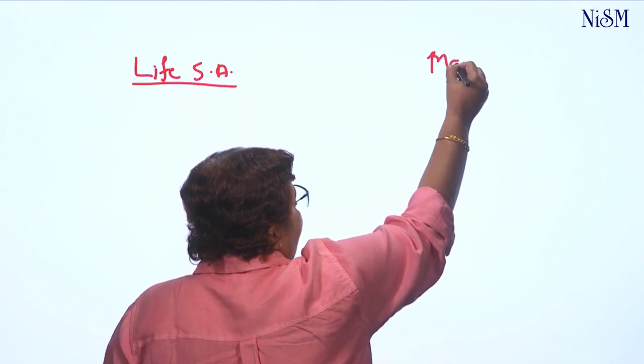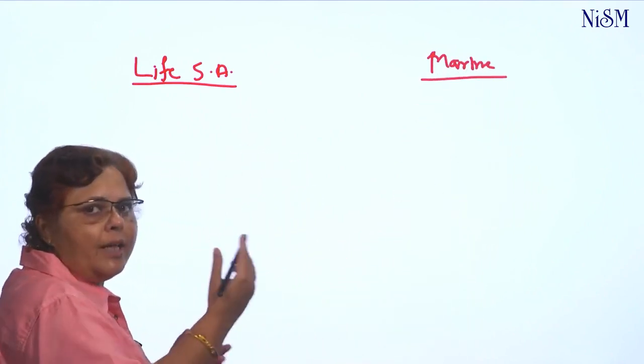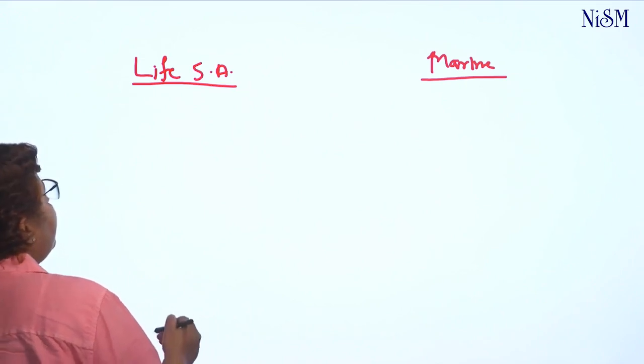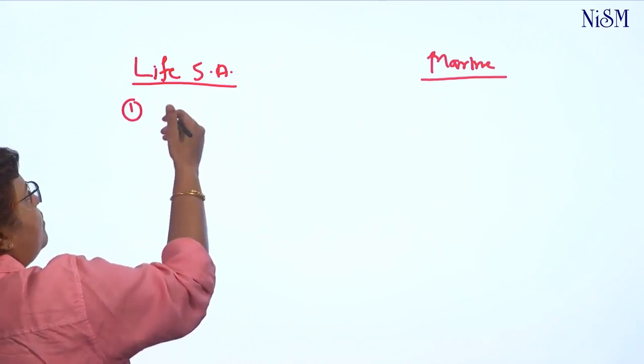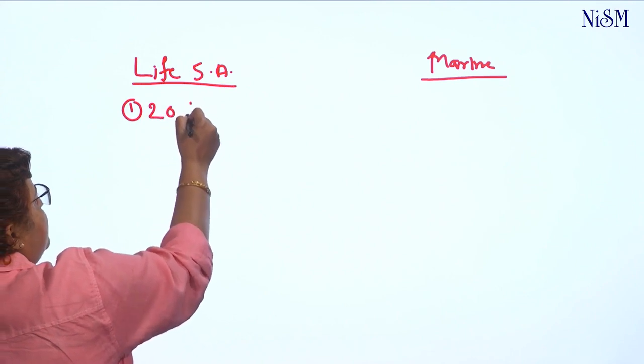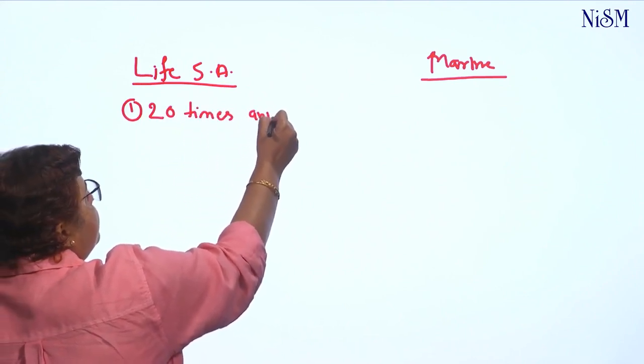How marine insurance came into the picture, so that you get an idea about non-life insurance as well. For life insurance, one is the thumb rule, 20 times your annual income.